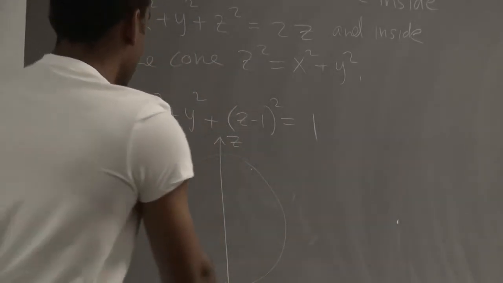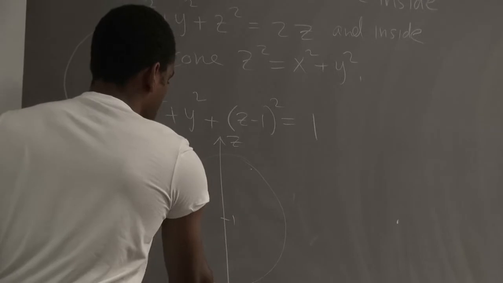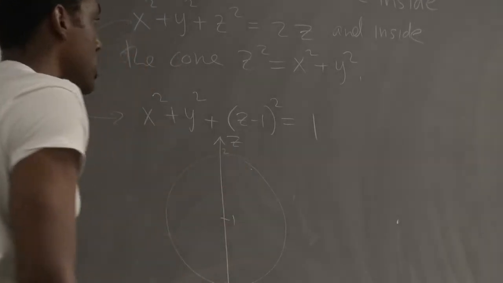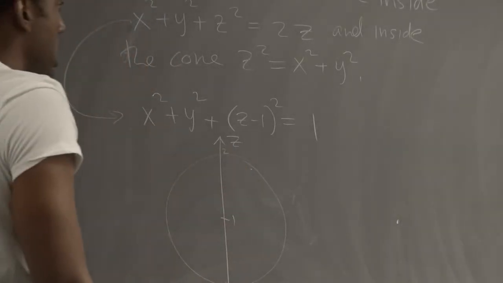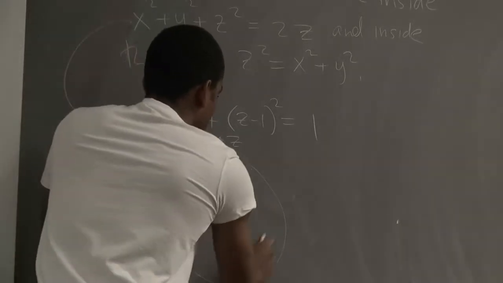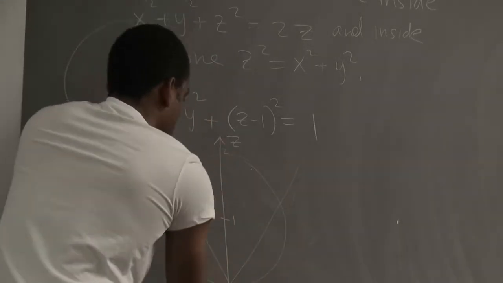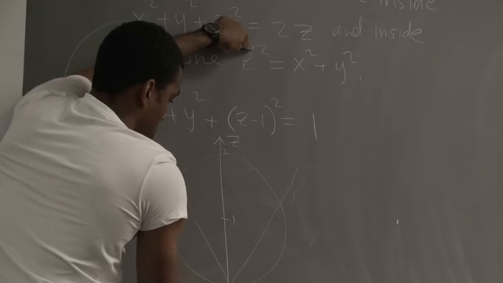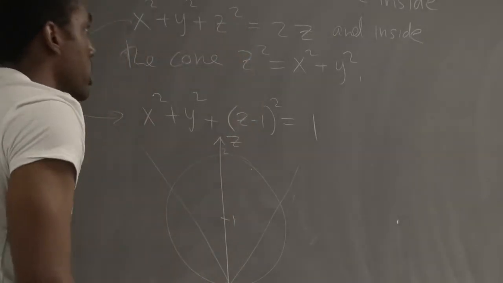So that's your sphere. The center is 0, 0, 1, so it goes down to 0. It goes up on z, up to z equals 2. And then we have the full familiar cone. This goes up like that. And it's a square, so it would also go down like that, but we don't really care about the bottom.